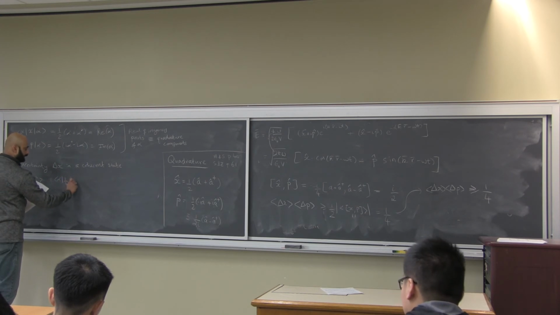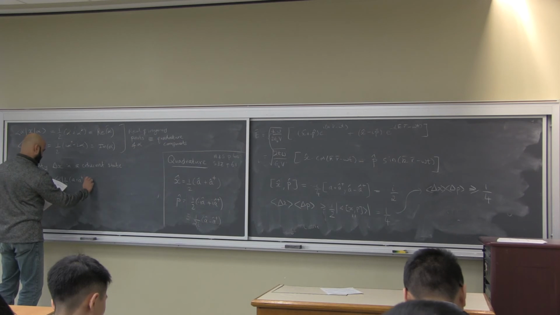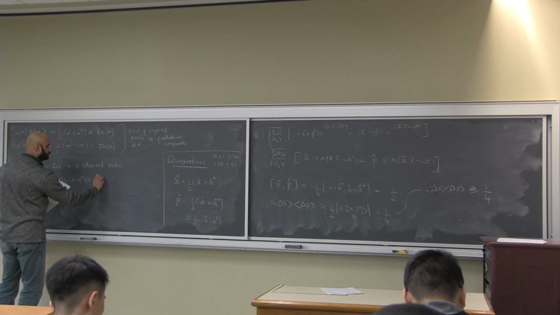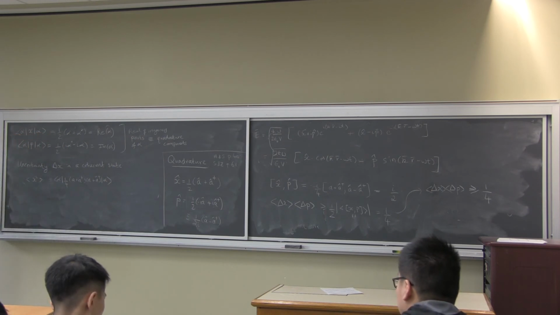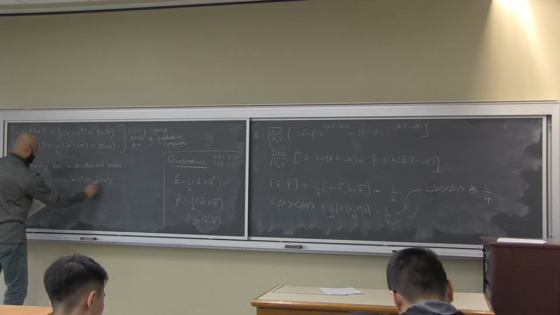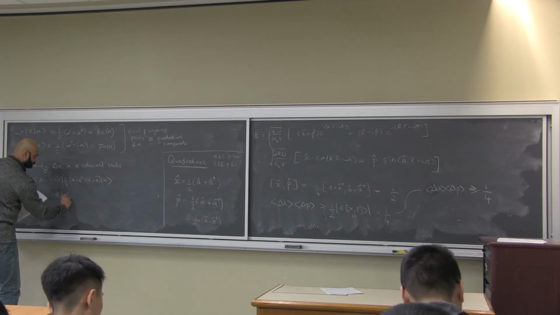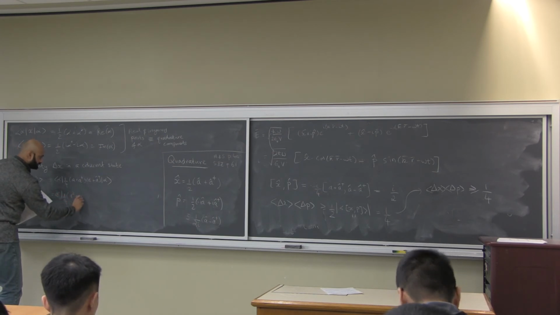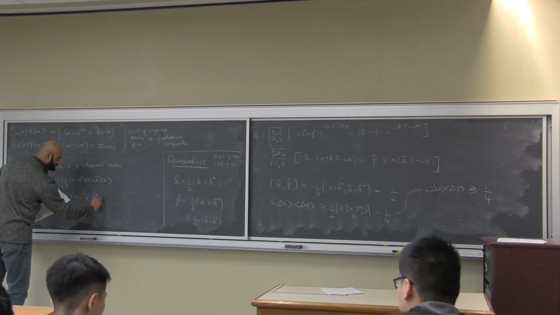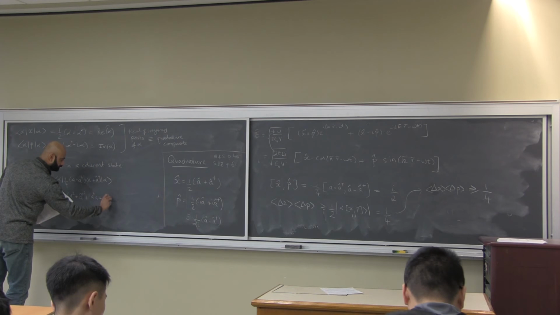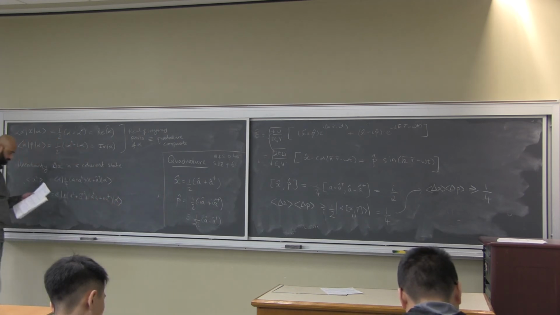You put in alpha, a plus a dagger, and a plus a dagger acting on alpha, right? And now we have to write out a squared plus a dagger squared plus a dagger a plus a a dagger acting on alpha. Okay.